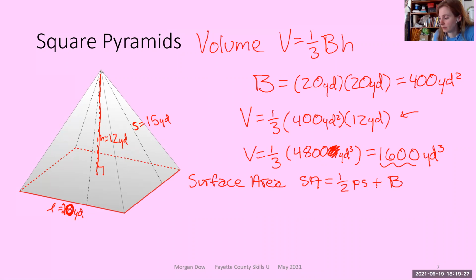So here we have the last new letter for our geometry formulas, this lowercase s. So this lowercase s is standing for the slant height. You'll see this letter pop up in the formula for a pyramid here. You'll also see it in the formula for surface area of a cone. So that shows up in both places. It's the slant height.